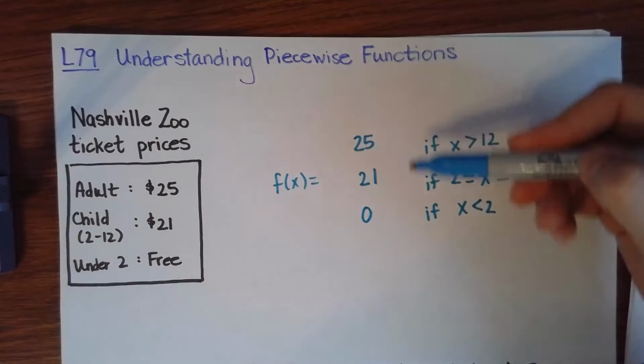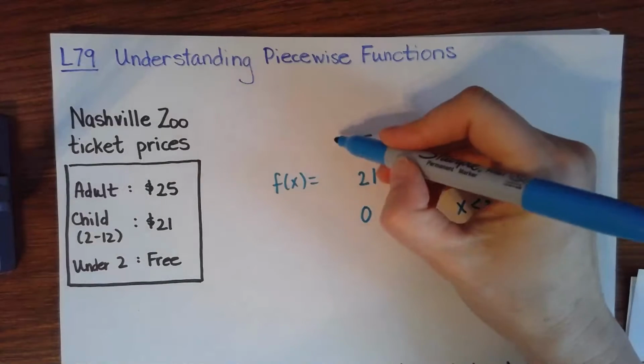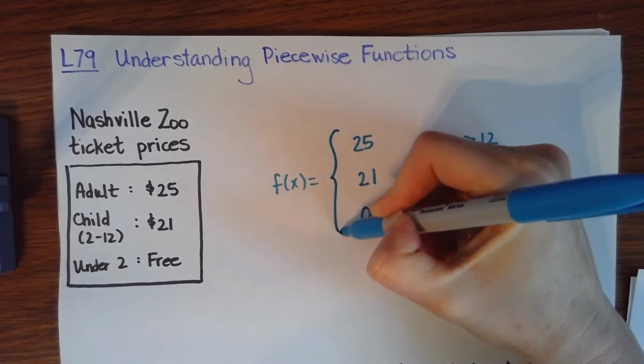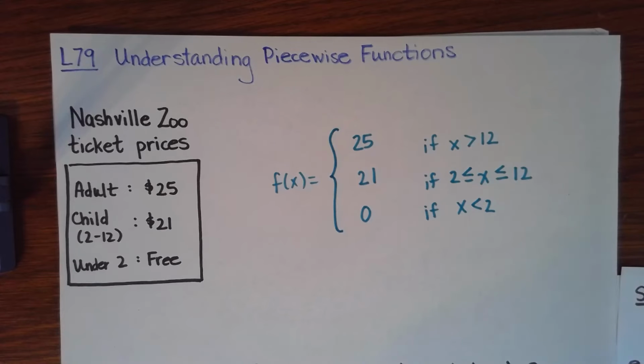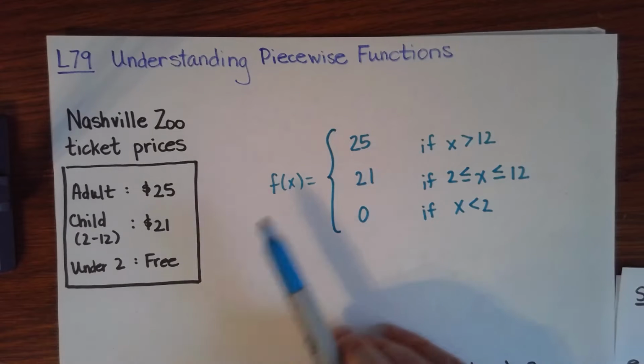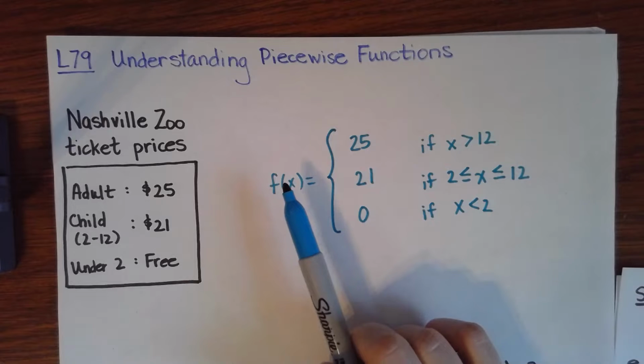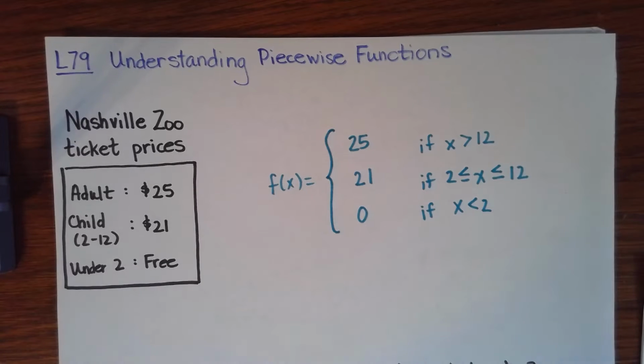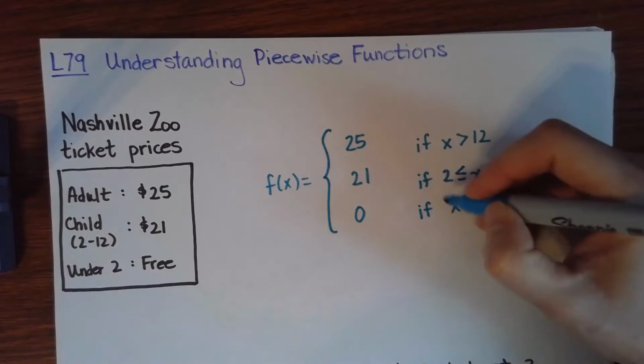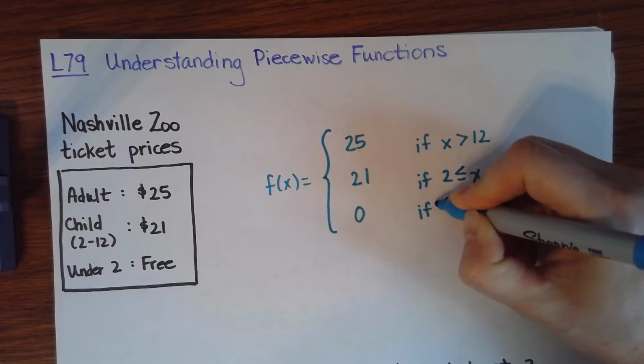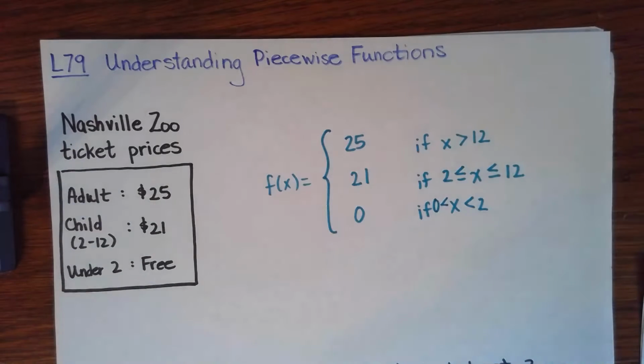Okay, so there's 3 different rules about how you compute, and when I put all 3 of those rules together, that defines how to evaluate the function over the entire domain, and we might even want to say if x is greater than 0 and less than 2, because clearly it doesn't make any sense for us to try to write something for an age of -17. Like, nobody can be -17.